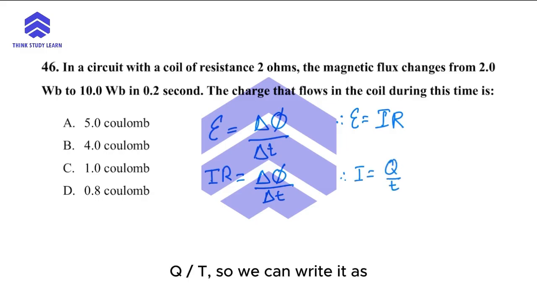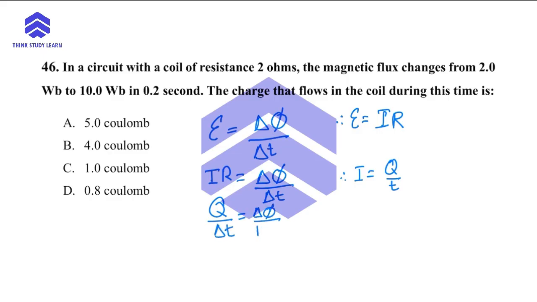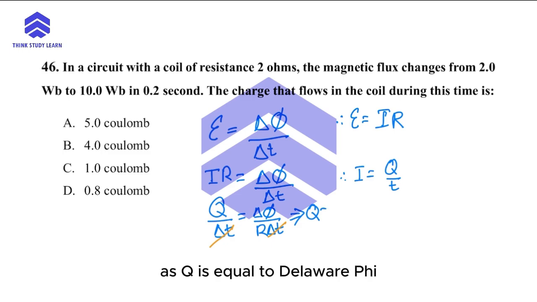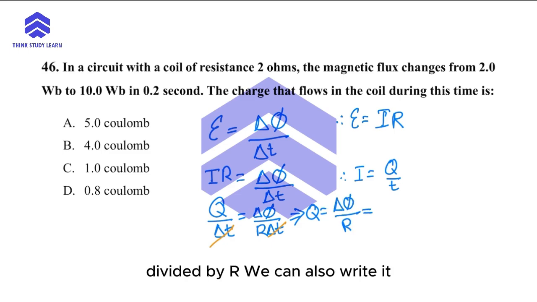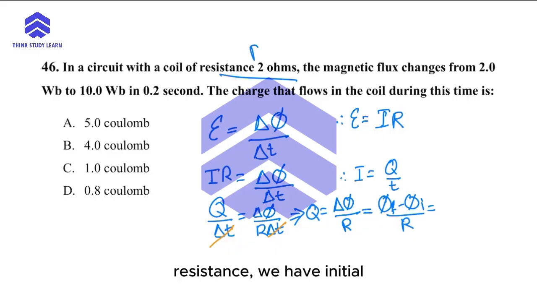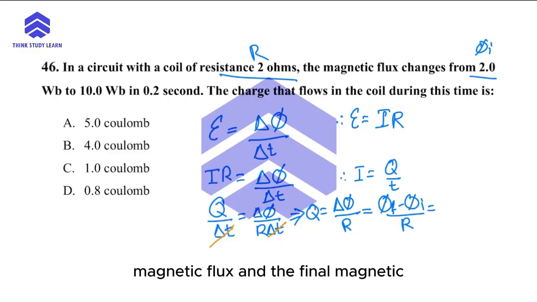So we can write Q over del t is equal to del phi over R del t. This del t cancels out this del t, so we can write Q is equal to del phi divided by R. We can also write it as phi F minus phi I divided by R. So in the question, we have the resistance, the initial magnetic flux and the final magnetic flux.